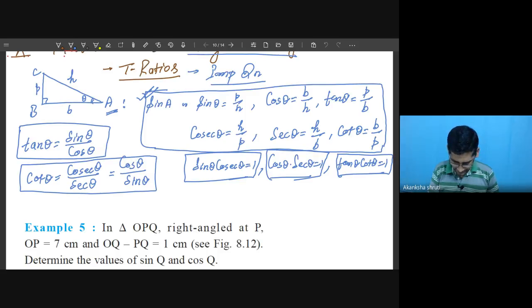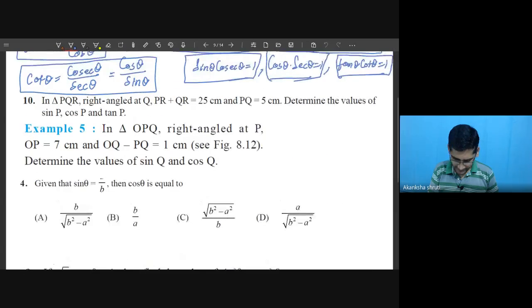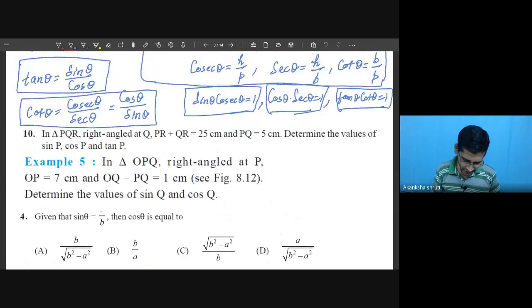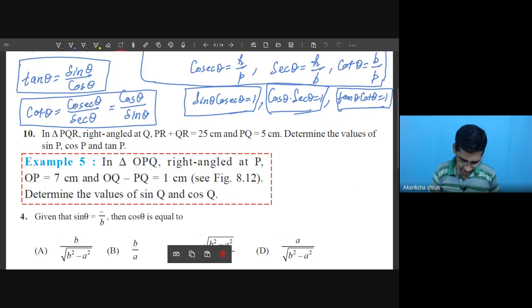Now the another simple category of question is this one. Student, question number 10 and this 5. Question number 10 is of your textbook exercise, but this question number 5 is solved one.